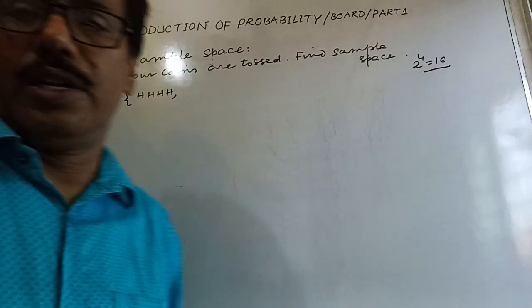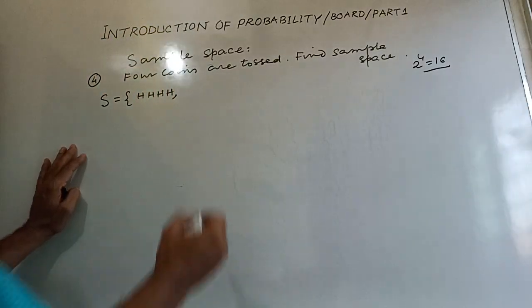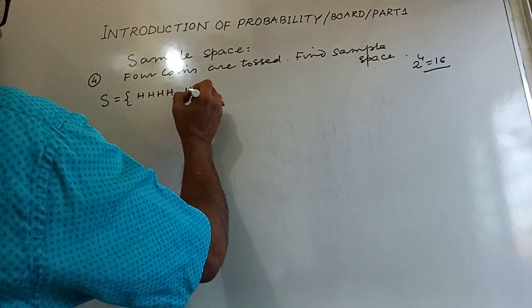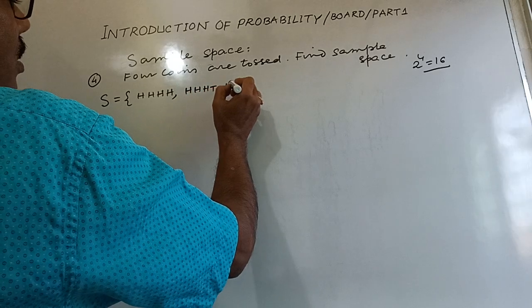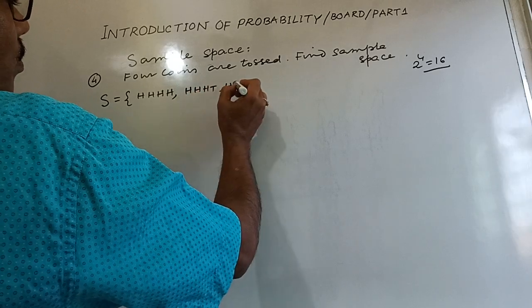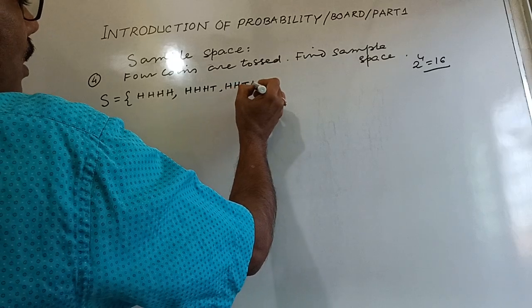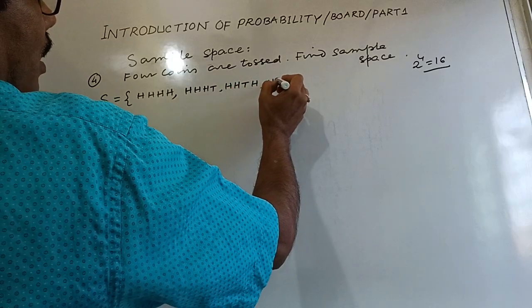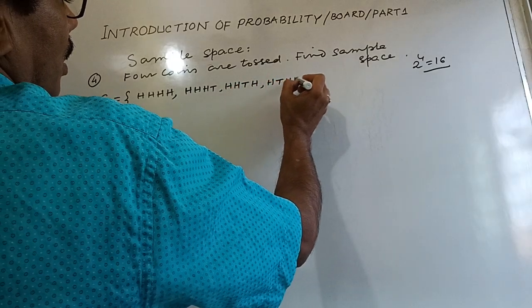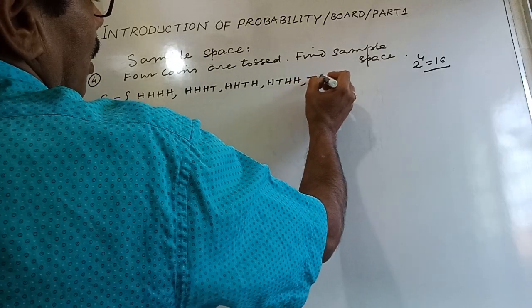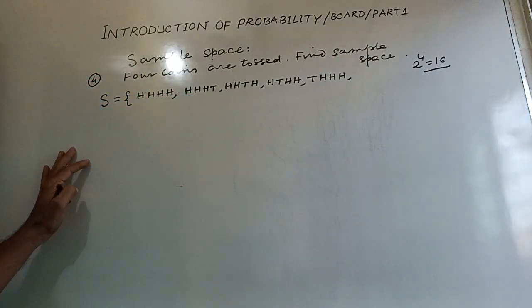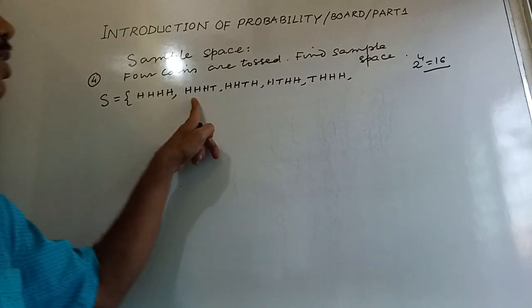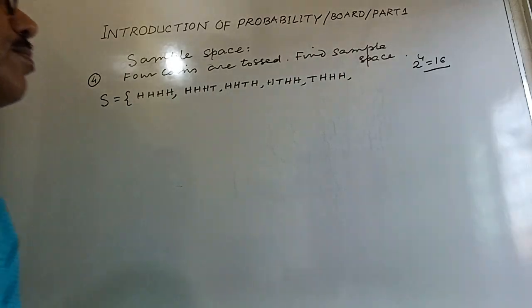Then 3 heads: H, H, H, T. Then change the position of the tail.